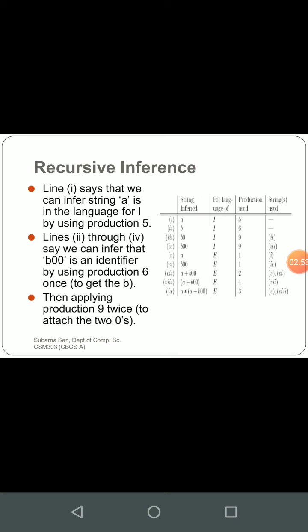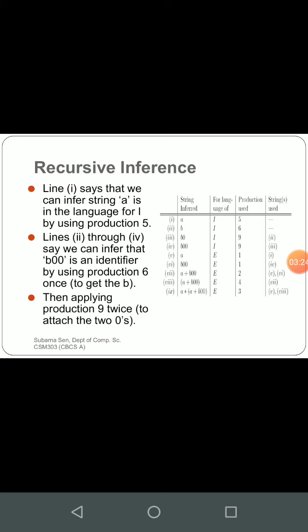And how to generate I? If we follow the total procedure, we first start with E, then from E we move to I, then from I we move to a. Lines 2 to 4 say that we can infer that b00 is an identifier by using production 6 once to get the b. If you follow from 2 to 4, you can see that line 2 is generating b using I, which comes under production rule 6.